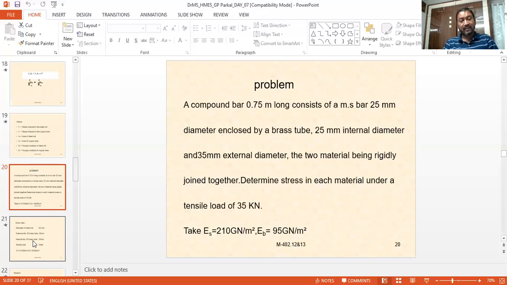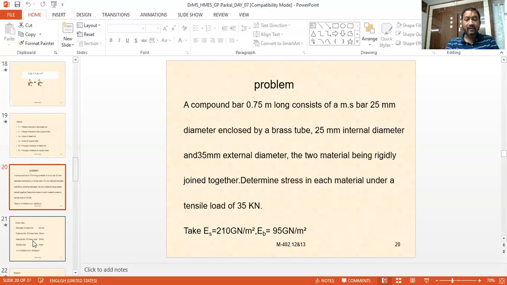Young's modulus for the two materials is given, and we are supposed to find the stresses in each material, that is the stress in mild steel, Fs, and the stress in brass, Fb.